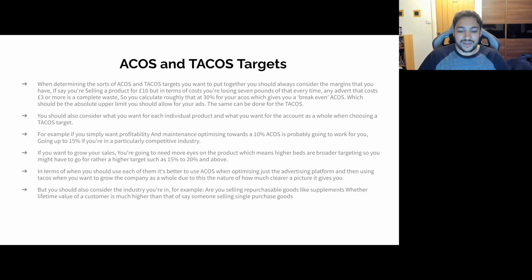For example, if your goods are repurchasable, like supplements, you might have a really high lifetime value for the customer. If you spend 100% of your sales price on getting a new customer, but they go on to repurchase your same product organically for the next 6 months, you are considerably up on the deal thanks to the lifetime value of those products.